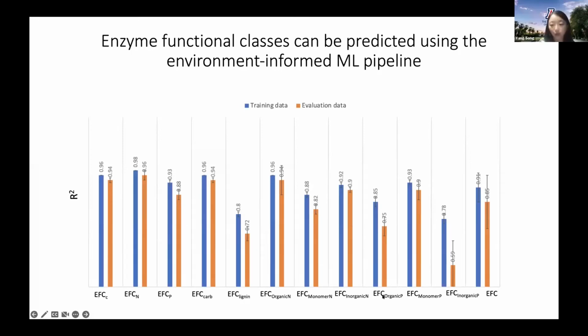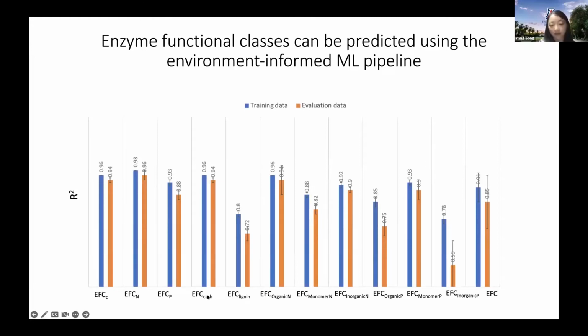From the left to the right, this EFCC means all the enzymes we classified as related to carbon lignin decomposition. This EFCN means all the enzymes related to nitrogen-rich organic matter decomposition and mineralization. And this EFCP is related to phosphorus-rich organic matter decomposition, all those enzymes.